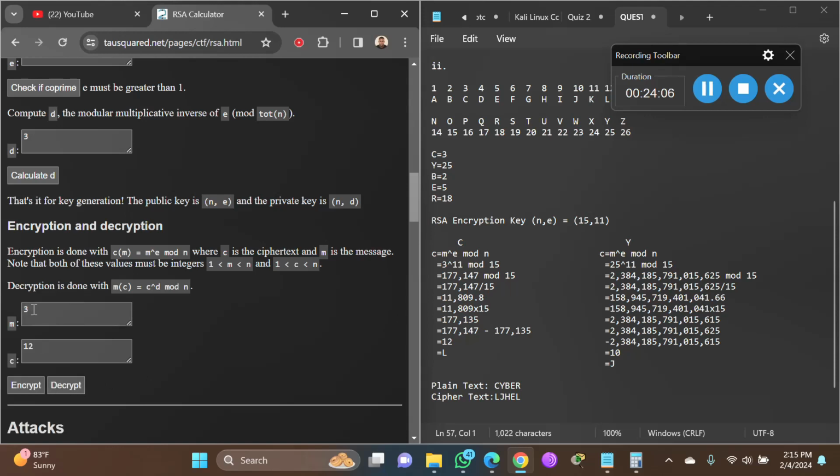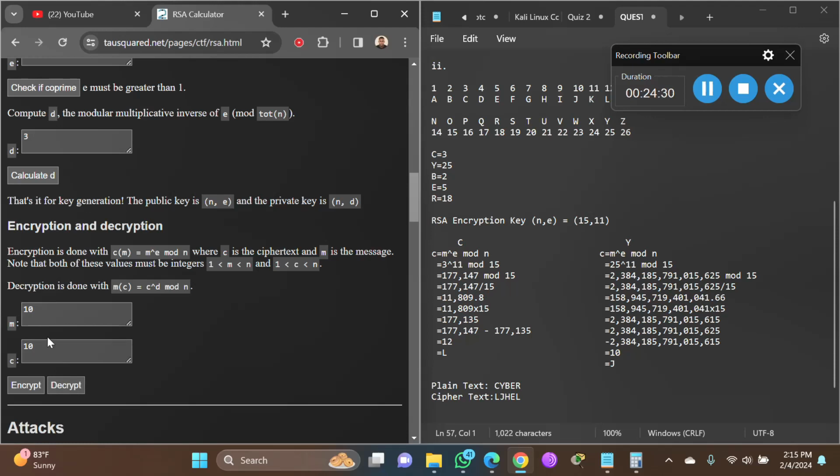As you can see, this is 3. So 3 was C, confirmed. Then to decrypt and get back to our Y, if you are decrypting J, which is 10, you just put 10 under the cipher, then you say decrypt, you get 10.